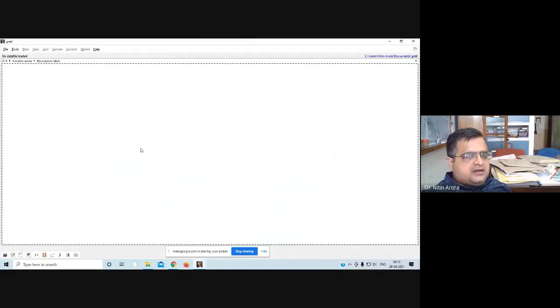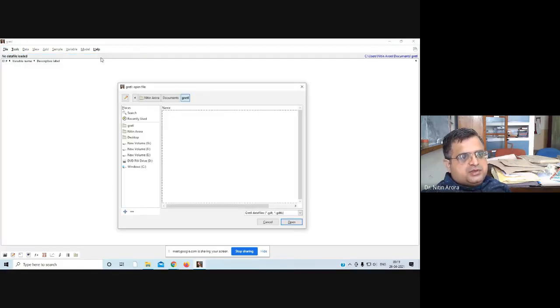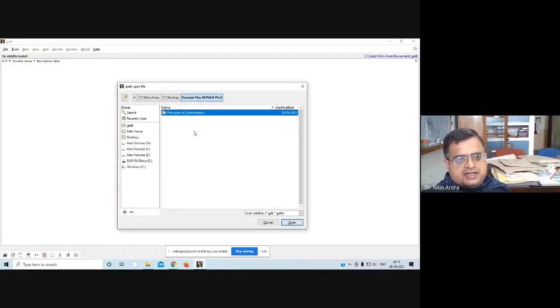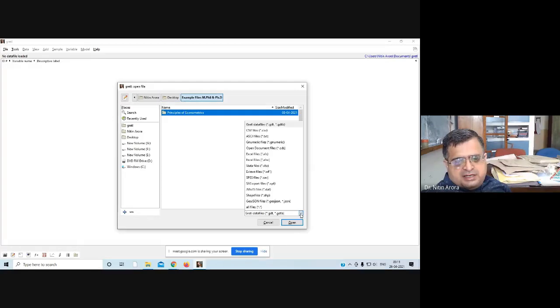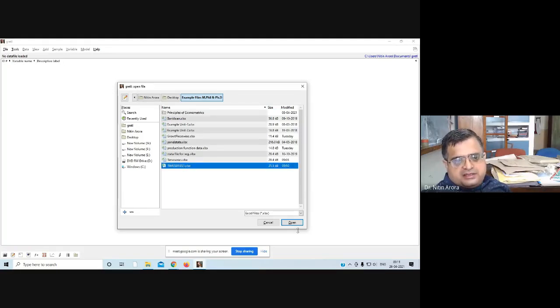Right. Now open Gretl. In Gretl, we are going to open the data file. Go to open data. Explore your file, as my file is available on desktop, example files. Here I will be clicking time series 1, that is my data file which I am going to open.